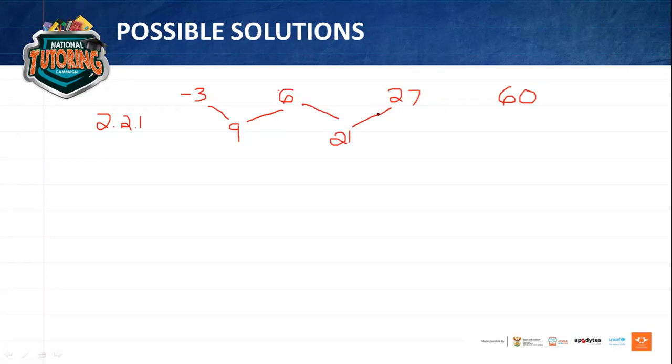Then 60 subtracted from 27, you get 33. This is your first difference, by the way. You get your second difference, so it's 21 subtract 9, the answer worked out to be 12. Then you say 33 subtract 21, the answer worked out to be 12 again.